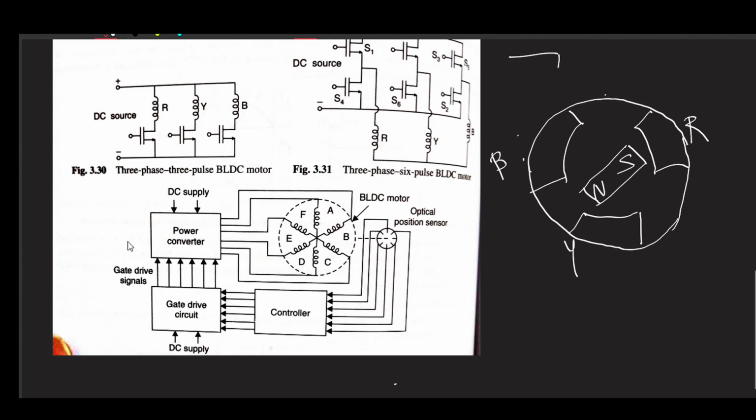Only thing is that, as of now what we studied, it gives us an impression that it is the cost of the BLDC machine that is the only negative thing. But is it the only one, or does it have some other disadvantages?